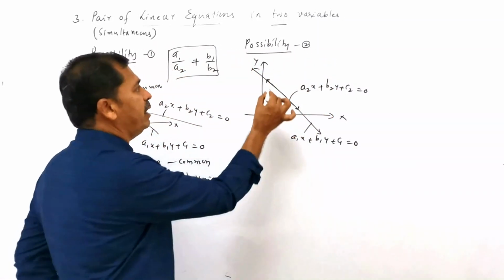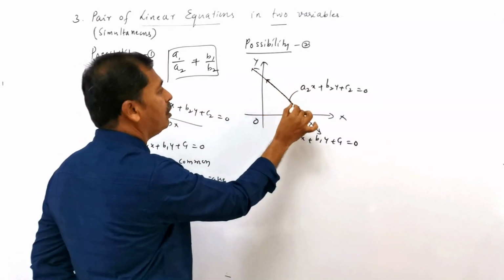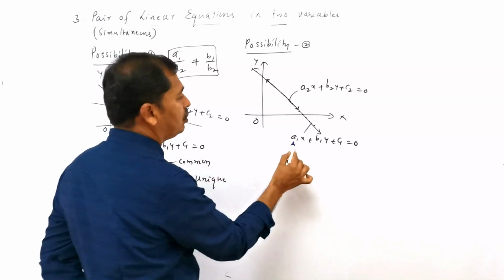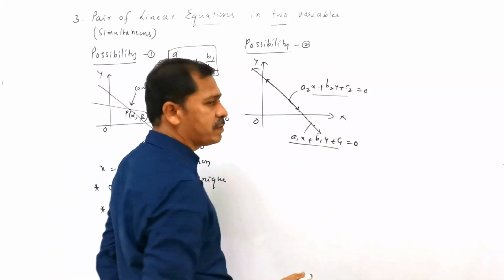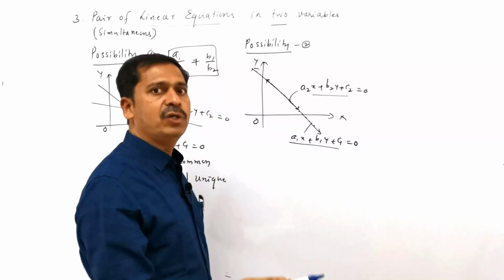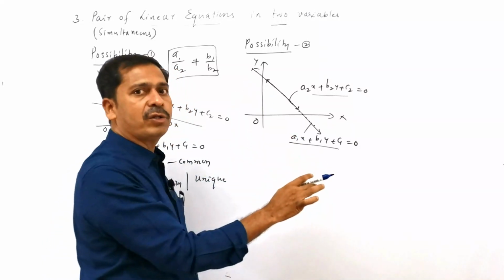So when they coincide, every point on the line is common to both the equations. Every point satisfies both the equations, so every point becomes a solution. How many points are there on this line?